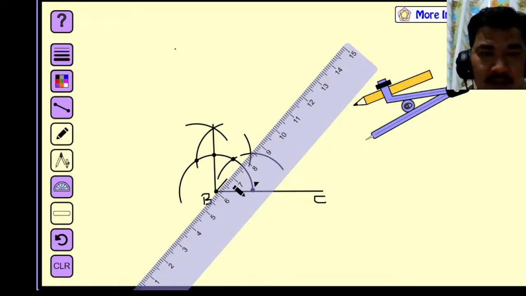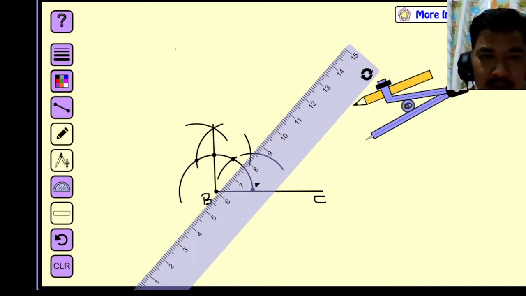This is bit going up, that's why move this little bit down and here, and now join it.